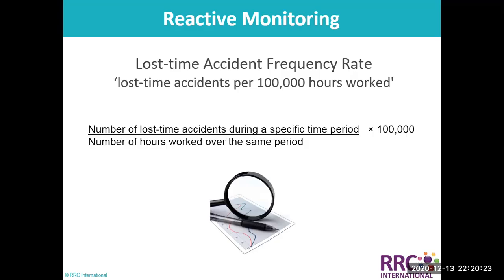Lost time has to do with those incidents where a worker gets off work or is not able to put in the normal hours he used to put. Look at restricted workday case, look at medical treatment case, accident, ill health, or what have you. But first aid case and near misses are not to be included in lost time incident.